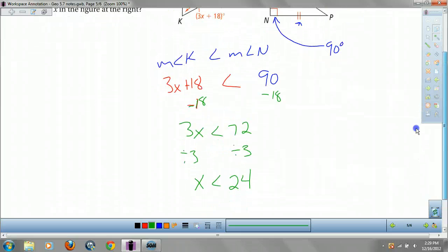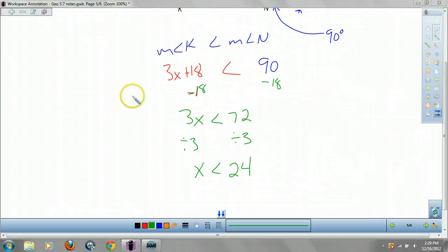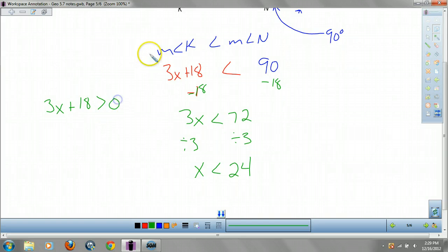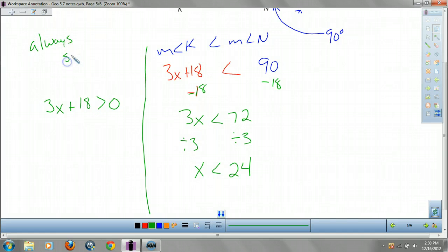But wait a second, range. We gotta do one other thing too. This has to be greater than 0. Okay? Always, for range, set it greater than 0 as well.